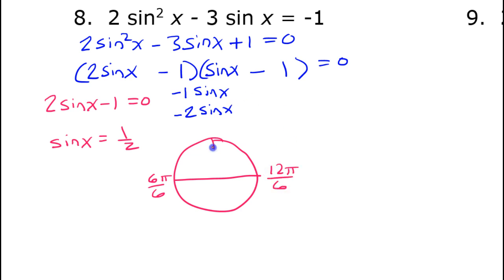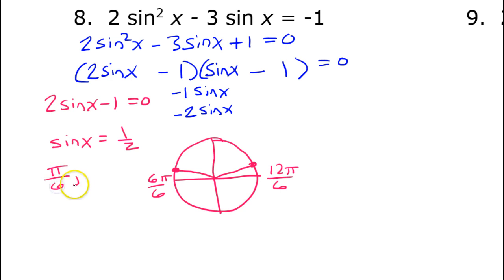We want sine to be positive. All right, sine is a y value. So it will be positive in the first quadrant and in the second quadrant, above the x-axis. So these are the two that we want. So of course the first one is simply pi over 6, the reference angle itself.